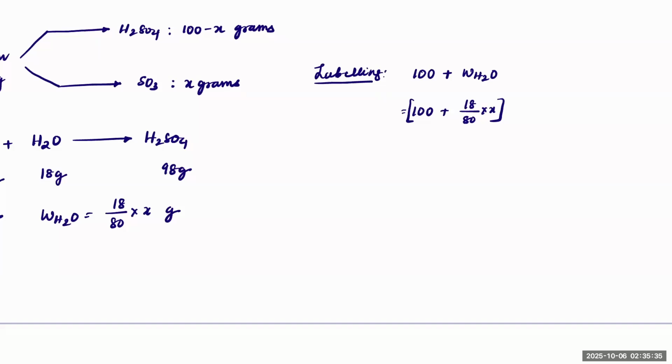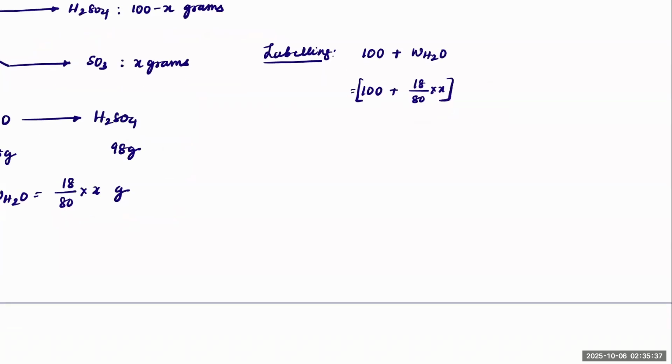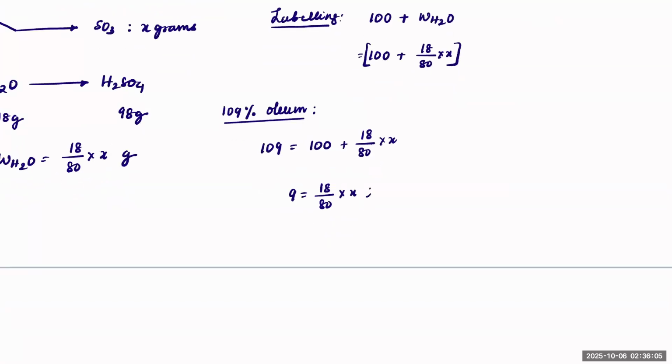Now let us do the reverse one. Suppose 109 percentage oleum is given as a label. Now you have to decode this. So we simply write 109 is equal to 100 plus 18 by 80 into x. So 9 is equal to 18 by 80 into x. That gives x is equal to 40 grams.